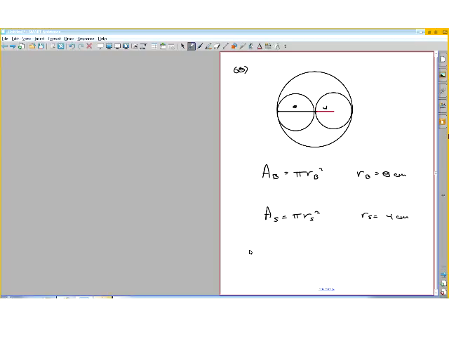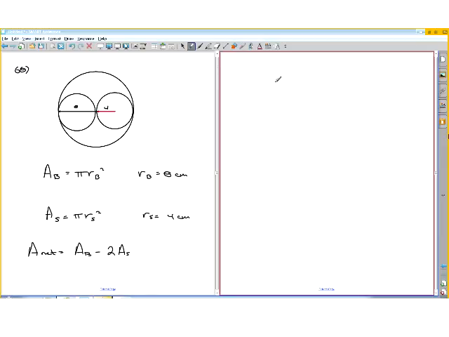And so the net area, we'll call it area net, what's left over, is you take the big area and subtract 2 times the small area. What's left over is this stuff right there, the shaded area.